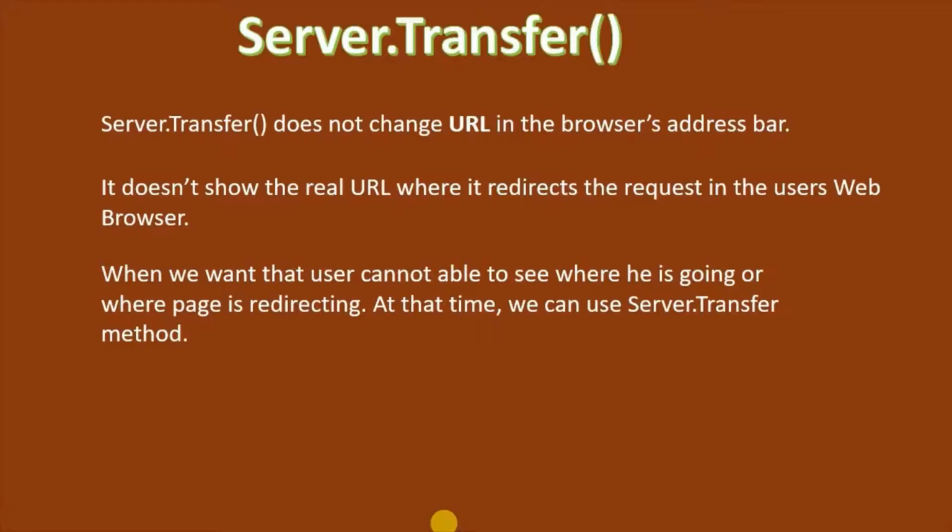So in this method we cannot see real URL where page redirects. So sometimes for security purpose we can use Server.Transfer method. Thus sometimes we don't want that user can see in URL where page is redirecting, then we can use Server.Transfer method.